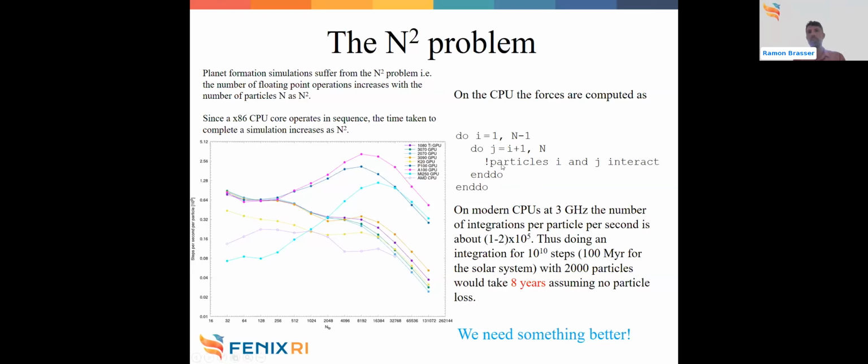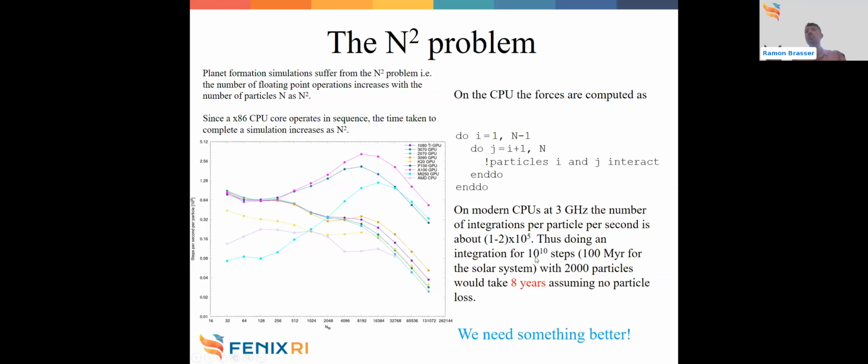And you can program it in something like a double do loop. But the CPU needs to do this part and then go to the next step and then iterate this, go to the next one and iterate all of that again, which takes an enormous amount of time. So on a modern CPU, you can do about 1 to 200,000 integrations per particle per second, right?